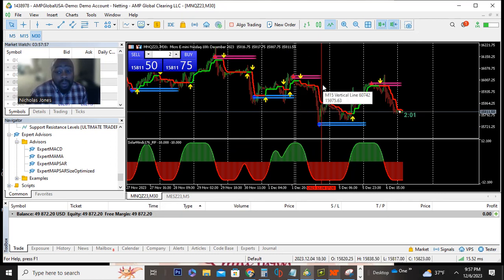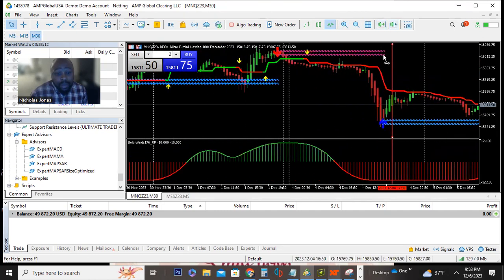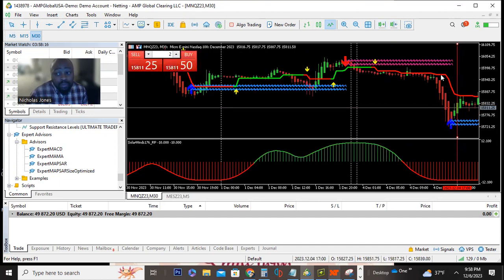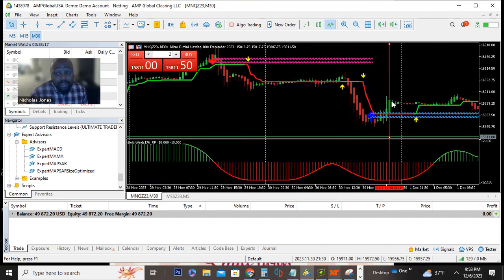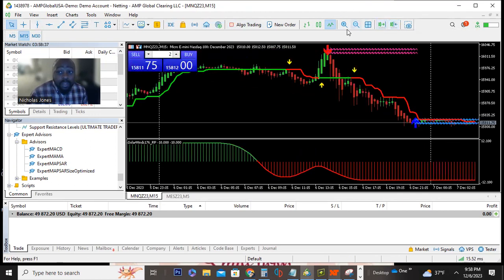So let's look back at the 29th on NQ. This is the 29th. On a 30-minute time frame, the market was in resistance. So if we jump down to the 15, we're going to find that same horizontal line.